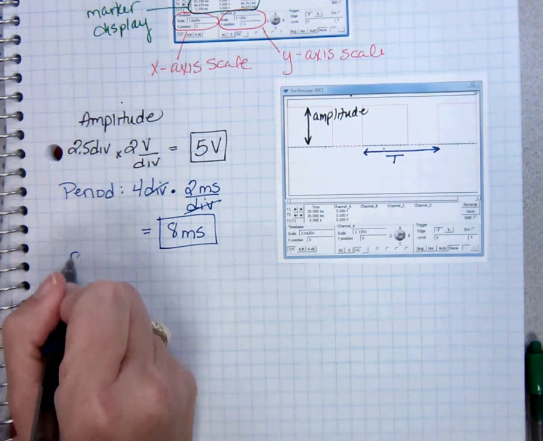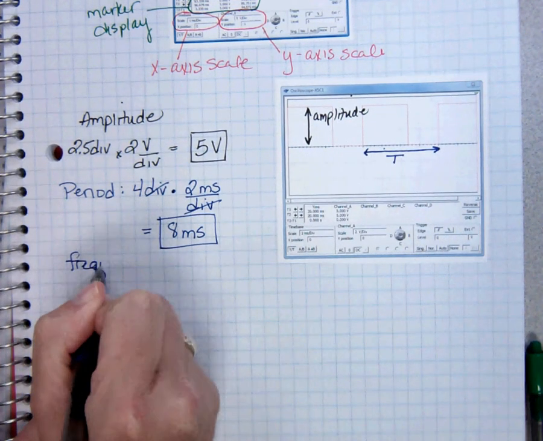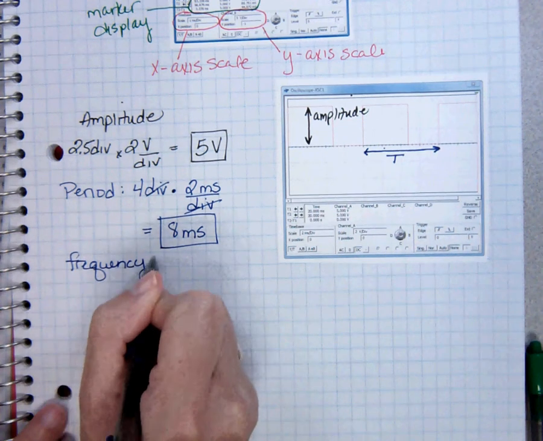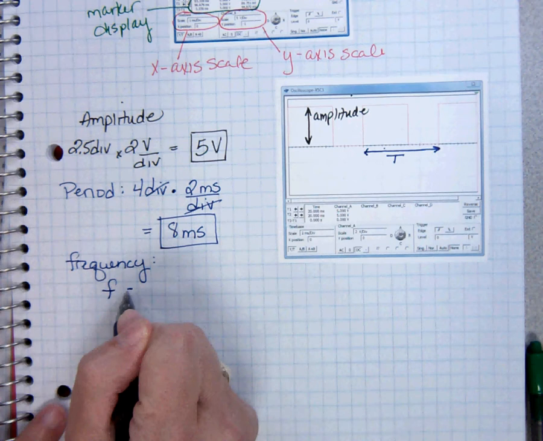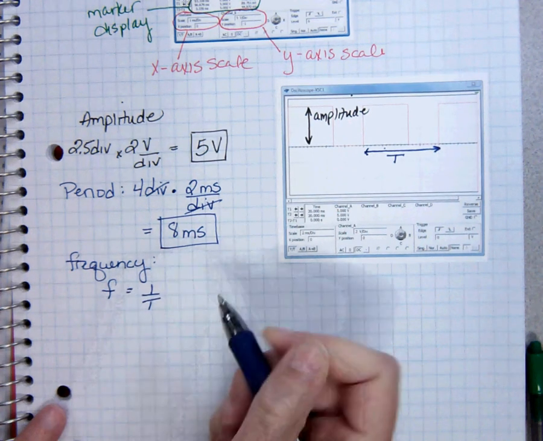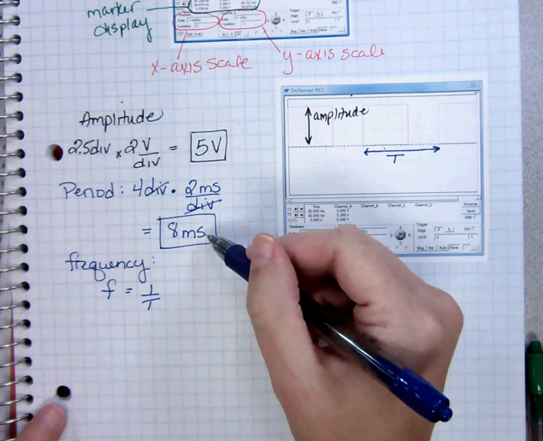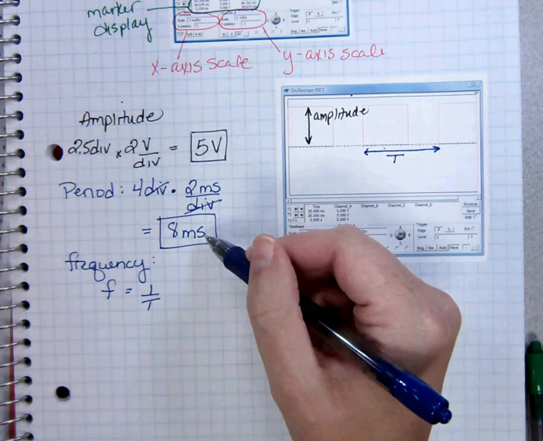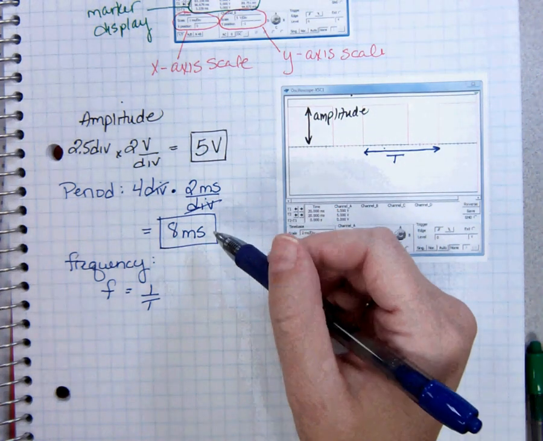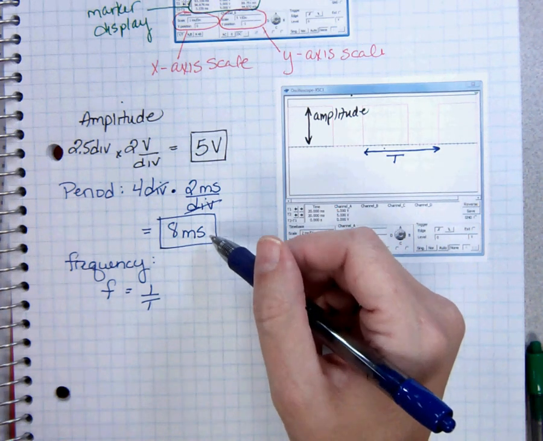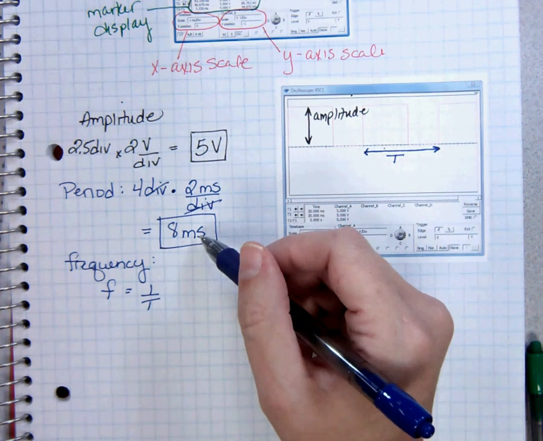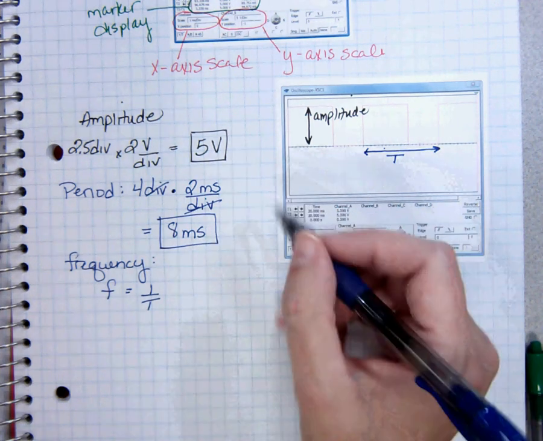Okay, what about frequency? Remember, frequency is 1 over the period. I've already calculated the period, but frequency is in hertz, and hertz is cycles per second, so I need this 8 milliseconds to be in terms of seconds.